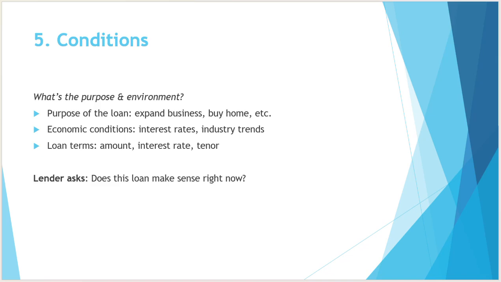Okay, it's against the borrower. Then the loan term, amount, interest rate, and tenure: how much the amount of the loan is, how much interest we are going to charge, and what the duration or tenure is. So the lender asks, does this loan make sense for the right people, and does it make sense right now? Is it a good loan or a risky loan?